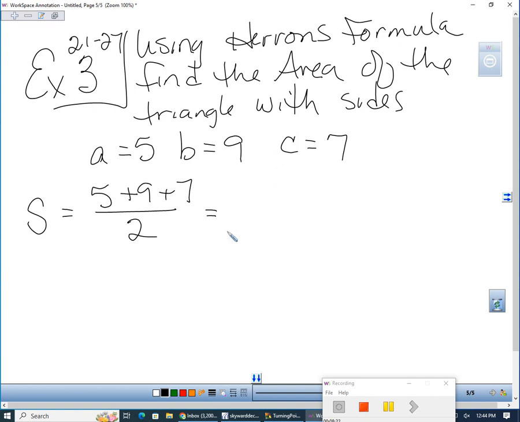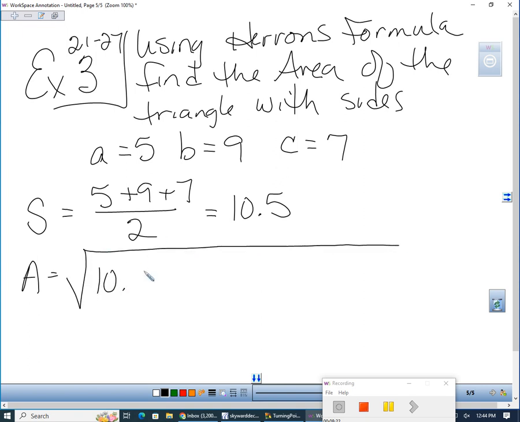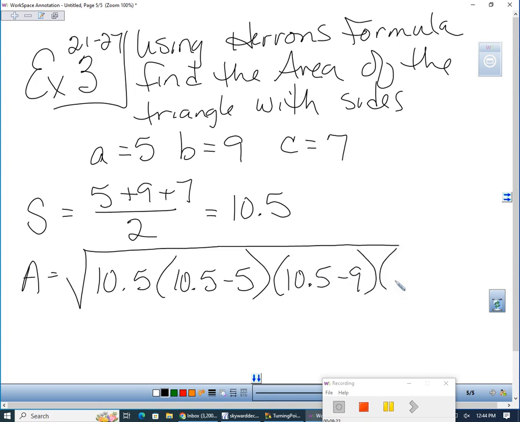Did I add that right in my head? So that's the first thing we need. Now to find the area, we have A equals the square root of 10.5 times 10.5 minus 5 times 10.5 minus 9 times 10.5 minus 7.